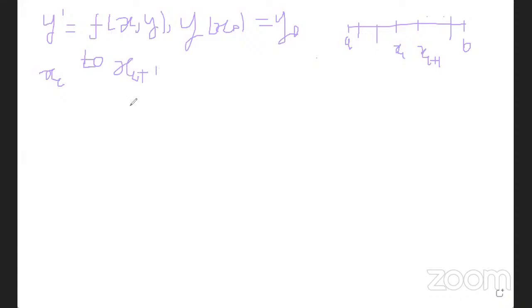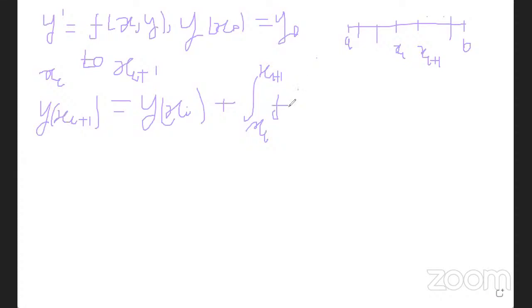I'm just writing the final result: y at x(i+1) is equal to y at x(i) plus the integral from x(i) to x(i+1) of f(x,y) dx.